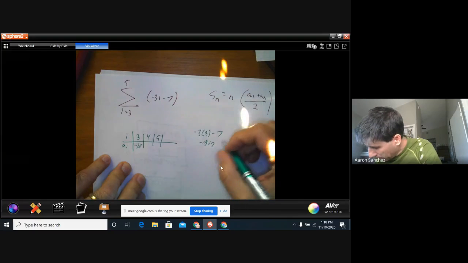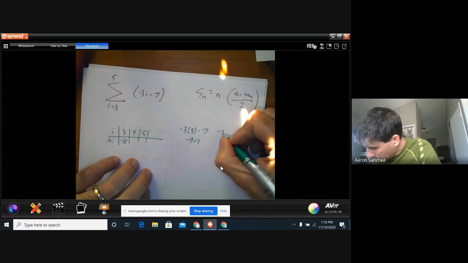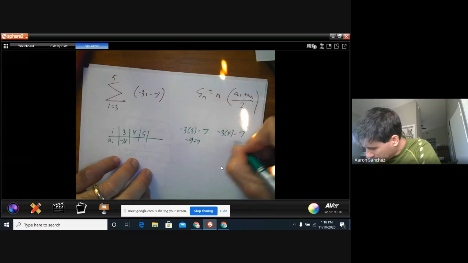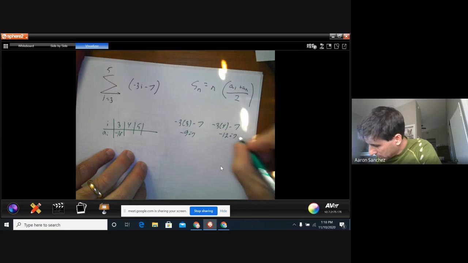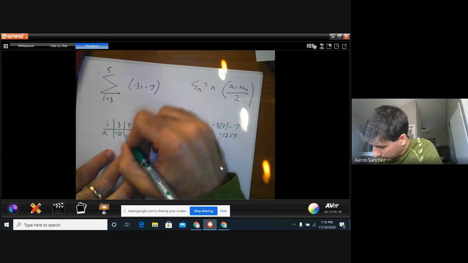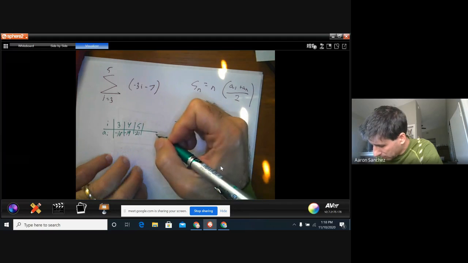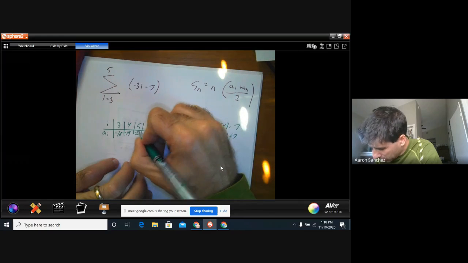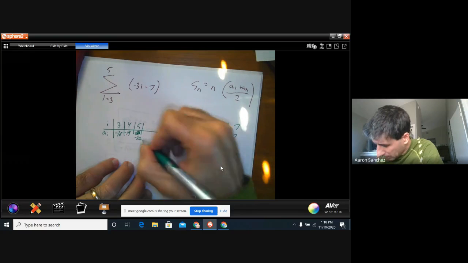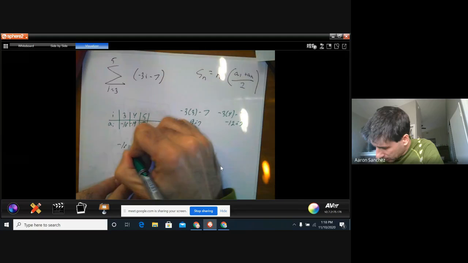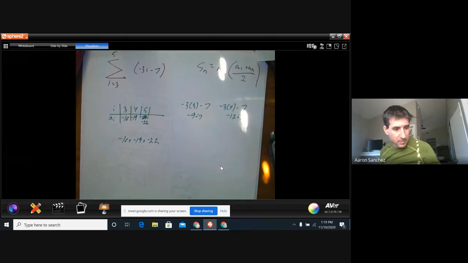Then plug in 4, and each of these should decrease by 3. Negative 3 times 4 minus 7, negative 12 minus 7, is negative 19. And this one will be negative 22. Then you just go negative 16 plus negative 19 plus negative 22, and you just add them up.